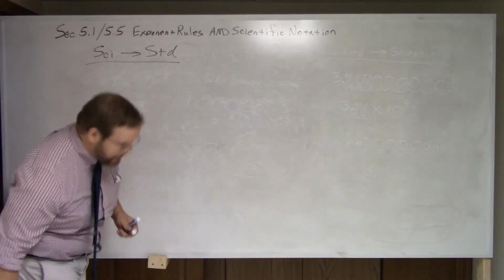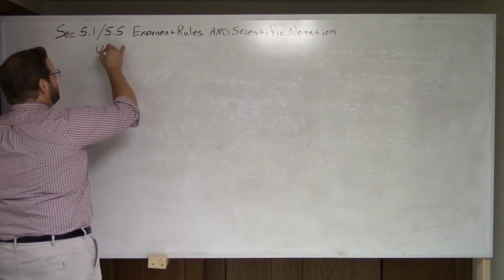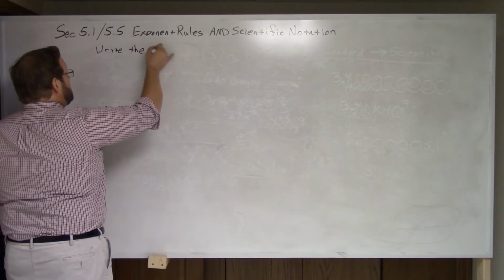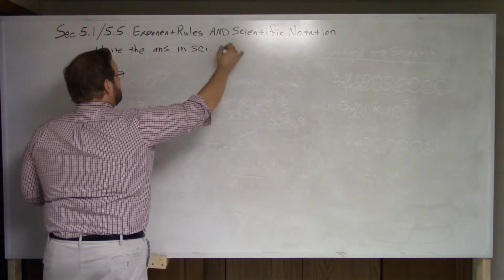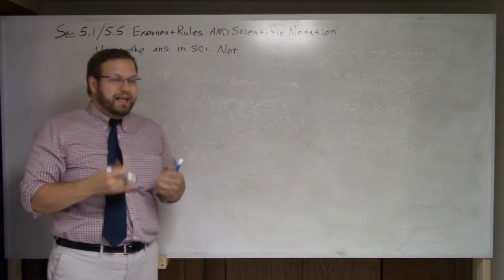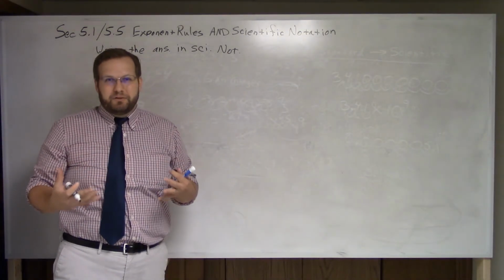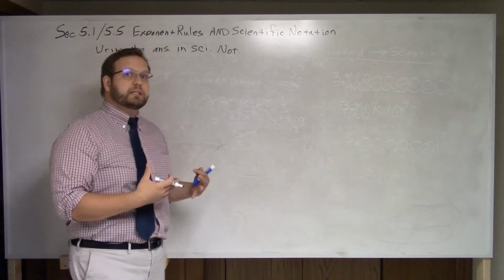Okay, so let's say I want you to write the answer in scientific notation. Sometimes the book has you go to standard notation. To me, if you're using scientific notation, the point of it is to use it. Okay, so that's why I usually keep this in scientific.